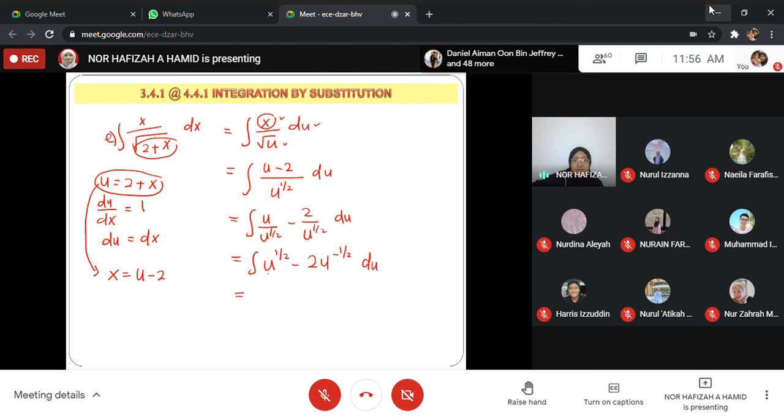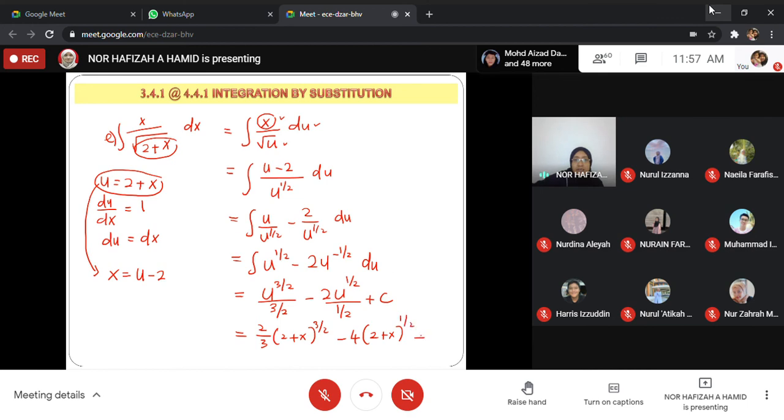Okay, so integrate u^(1/2) dapat u^(3/2) over 3/2, so minus 2 u yang ni dapat u^(1/2) over 1/2, so plus with c. And final answer, substitute back u with 2 plus x. Okay, so minus 4 root of 2 plus x, so plus with c. Okay, boleh?